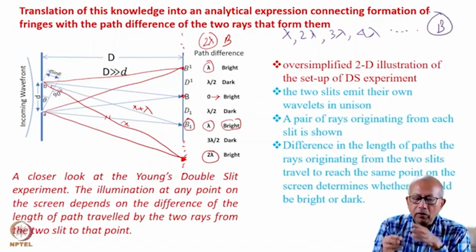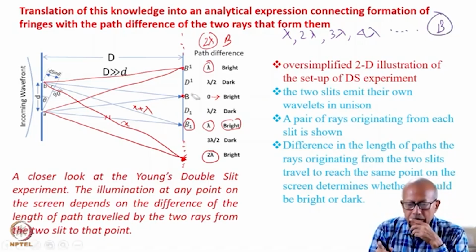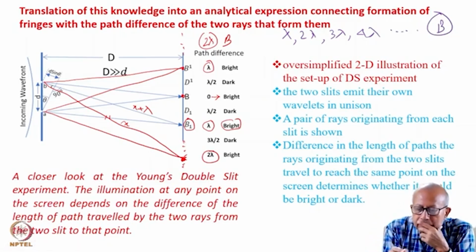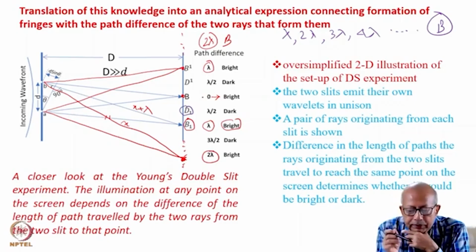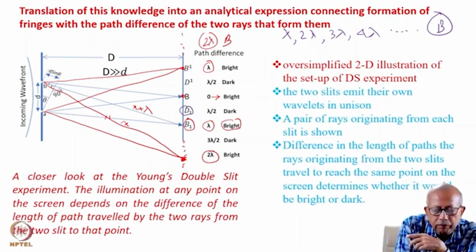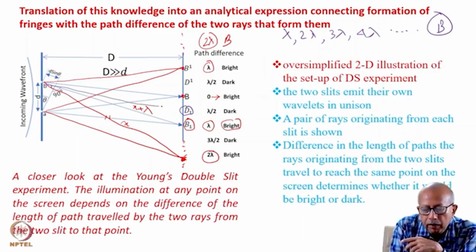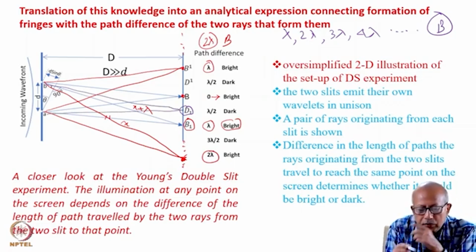Now let us turn our attention to the dark zone. So this is the first dark zone below the central bright. Here, this wave has traveled, of course, a longer distance than this wave.